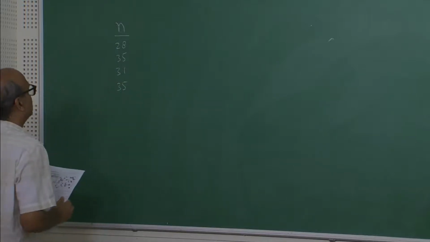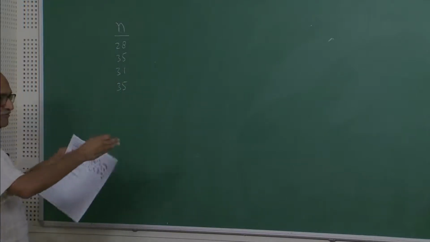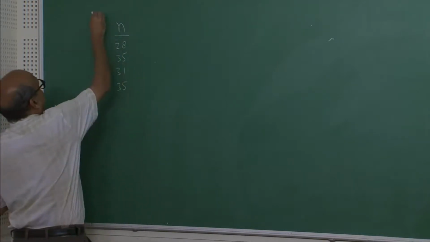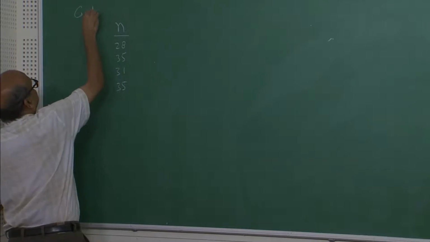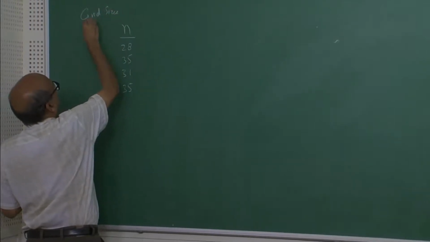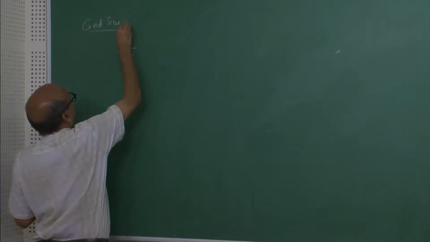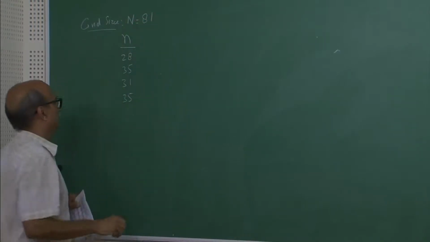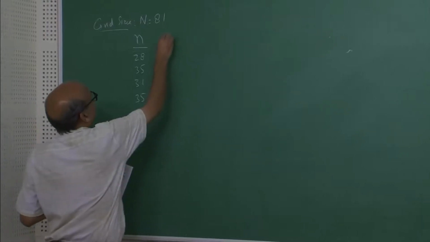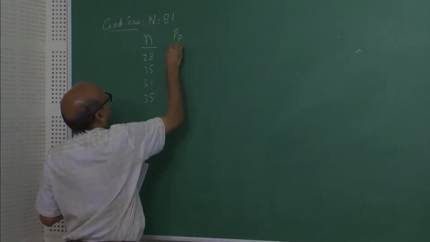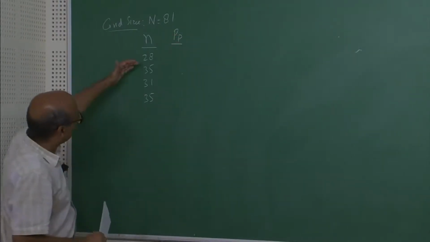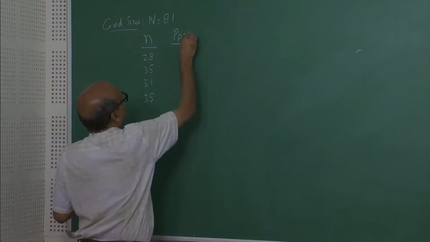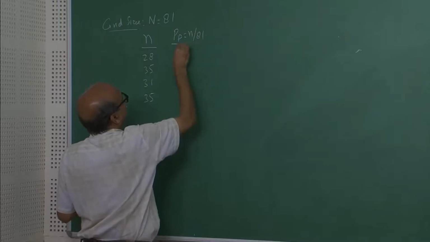So, 4 measurements I have made in 4 different areas of micrograph 1, and the grid size, how many points were there in the grid, I will denote that as capital N, and that was 81. Hence, a point fraction from each of these data points would be simply equal to n divided by 81.